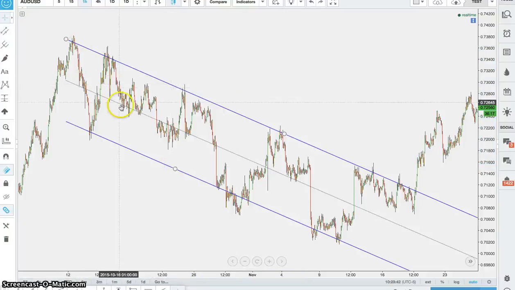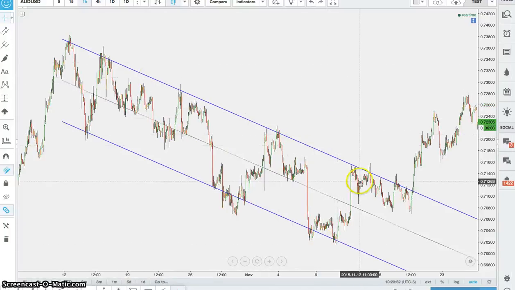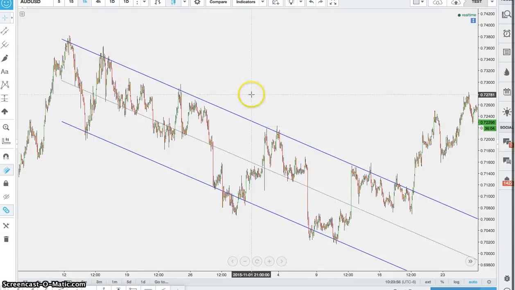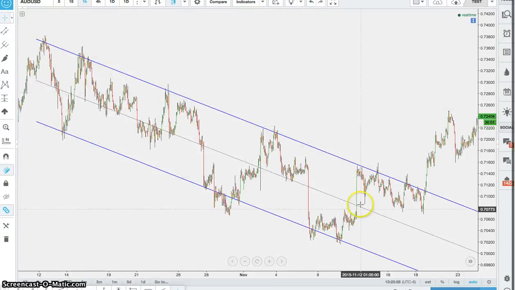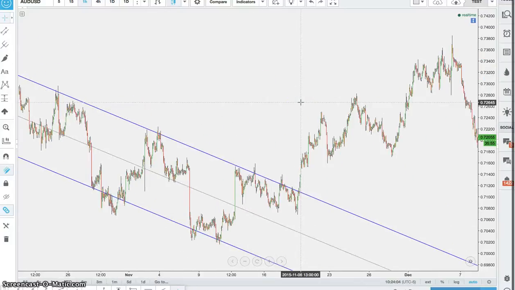And then you can see that price gets rejected from the middle as well as both of the sides, and it's even, so it's really specific with where these are supposed to be.